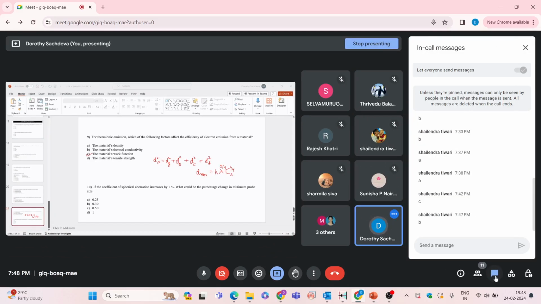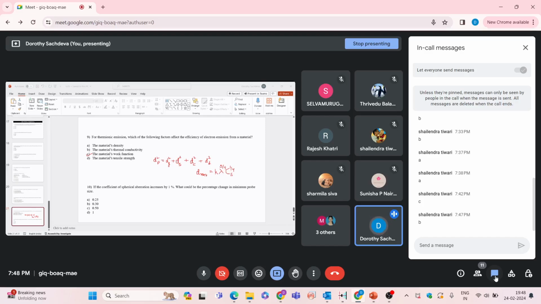Shalinder Tiwari says B, 30. Anyone else? Shalinder, can you please retry using this formula, that D minimum is directly proportional to CS to the power 1 by 4?